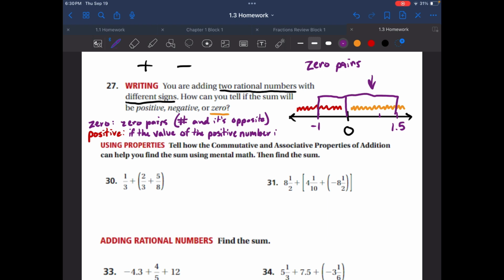If the value of the positive number is bigger than the negative number. There we go. 1.5 is bigger than negative 1. If I looked at their absolute values, I would have 1.5 and 1. 1.5 is clearly bigger. That was my positive one. I know my answer is going to be positive.